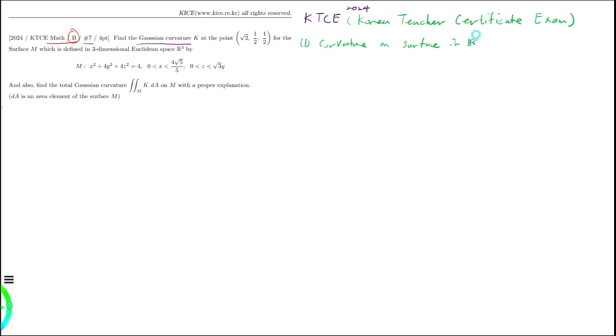In R3, the surface may be flat like here, or could be bent, for instance, a cylinder here.